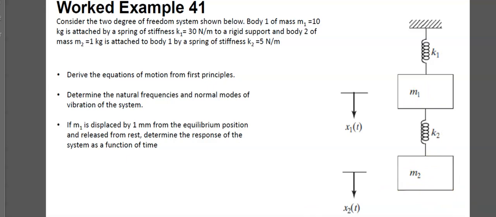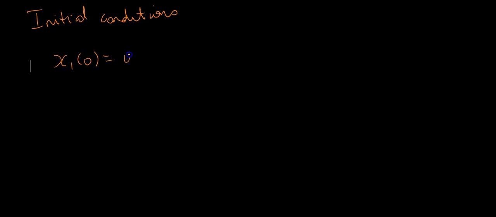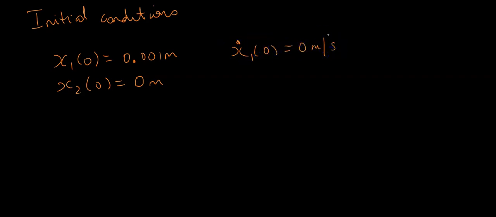So how am I going to write that? For the initial conditions, x1 at time t equals 0 is 0.001 meters. x2 at time t equals 0 is 0 meters. x1 dot at time t equals 0 is 0 meters per second because there's no velocity, and x2 dot at time t equals 0 is 0 meters per second.